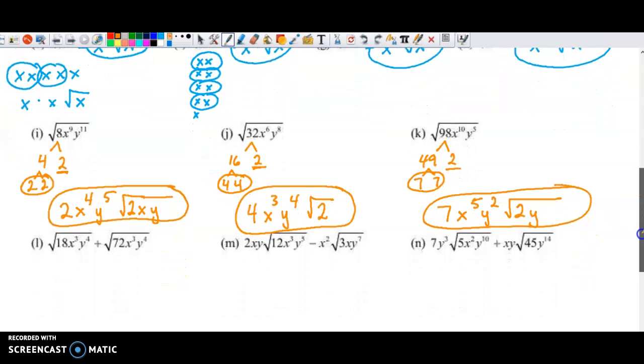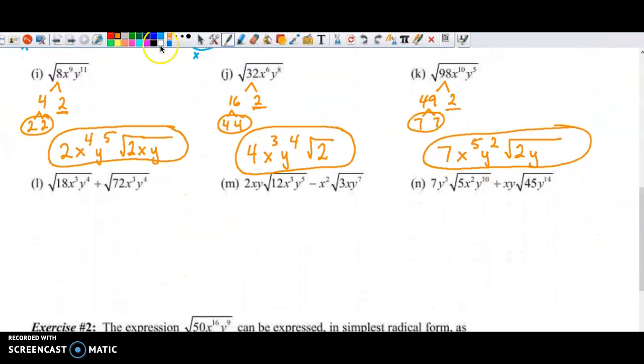So if you find a mistake or if something just doesn't seem right, it might be a reason for it. Same thing with the next one. I want you to practice 9 and 2, 3 and 3, and what you'll notice as I bring out an x and y squared, and my leftovers are a 2 and an x.